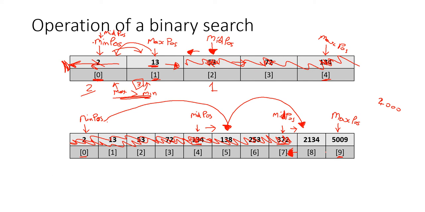And then we have 8 plus 9, 17, and then divide it by 2, is 8.5, which we then round down to just 8 because we're still storing things as integers. So our midpoint moves to there.